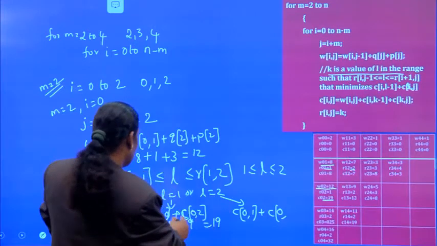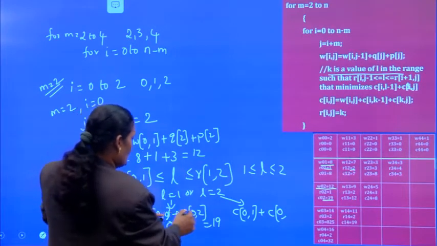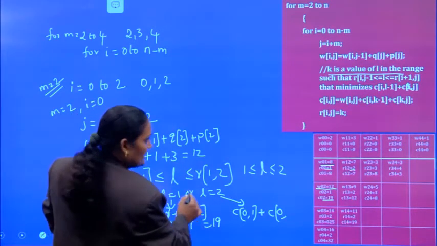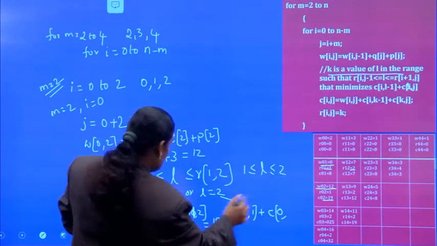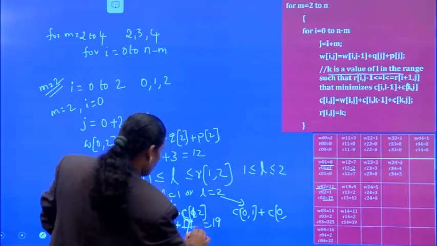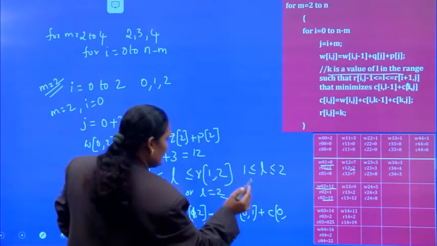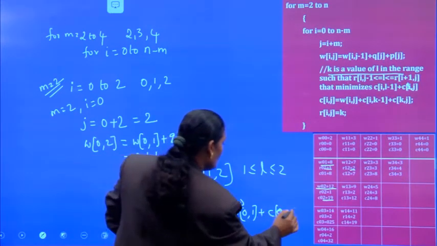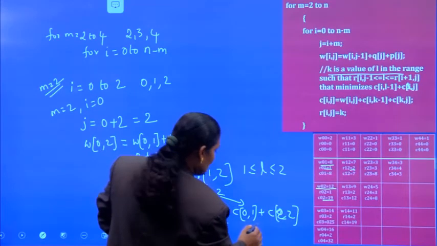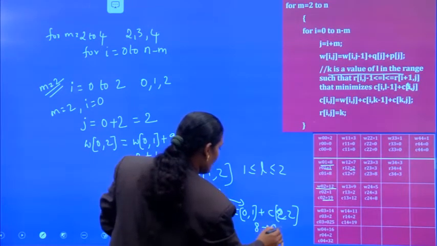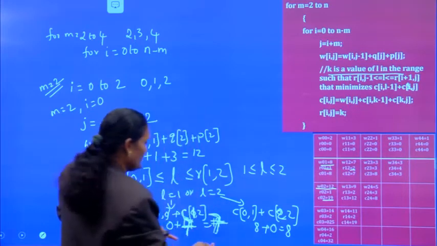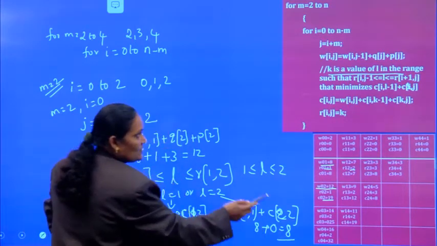C I L minus 1. L minus 1 is 0. C LJ and C12. Here what is C12? C12 is 7. So here we get 7. C LJ 2, 2. Now C01. What is C01? 8 plus C22 is 0. This gives 8. Here this gives 7 and this gives 8.